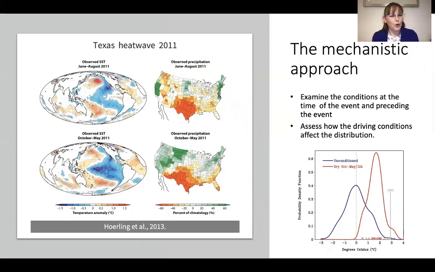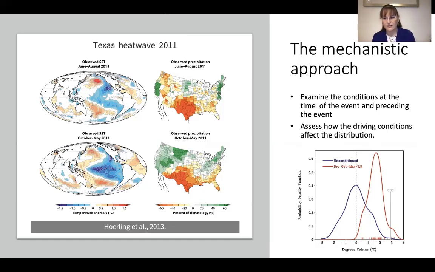So what you can see is that you are looking at the differences in the sea surface temperatures that occurred, and they can then see how the probability changes through subsampling to those that actually had these dry conditions in October to May that we can see here, or the full unconditioned ensemble.